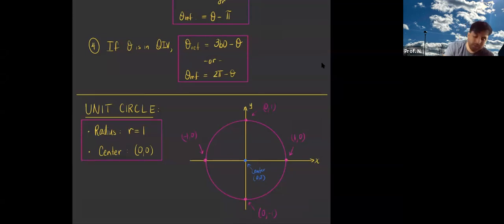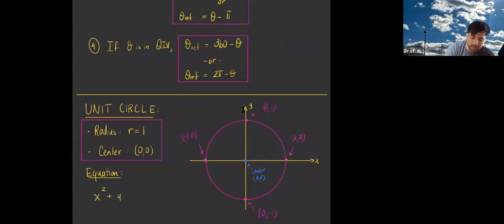Does anybody know the equation of the circle? I think we discussed this earlier in the semester, like in the beginning. Remember, the equation of a circle is (x minus h) squared plus (y minus k) squared equals r squared. So in this case, the equation of the circle is one of the simplest ones.